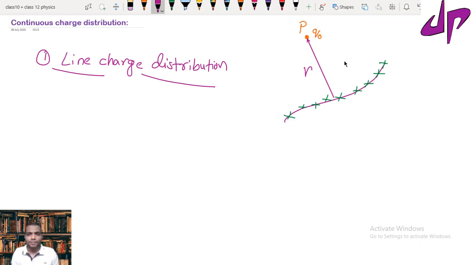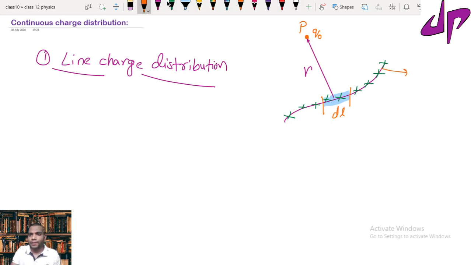For that, first I would like to take a small portion in this object. Suppose I take this small portion, from here to here. I can call it an elemental length dl.